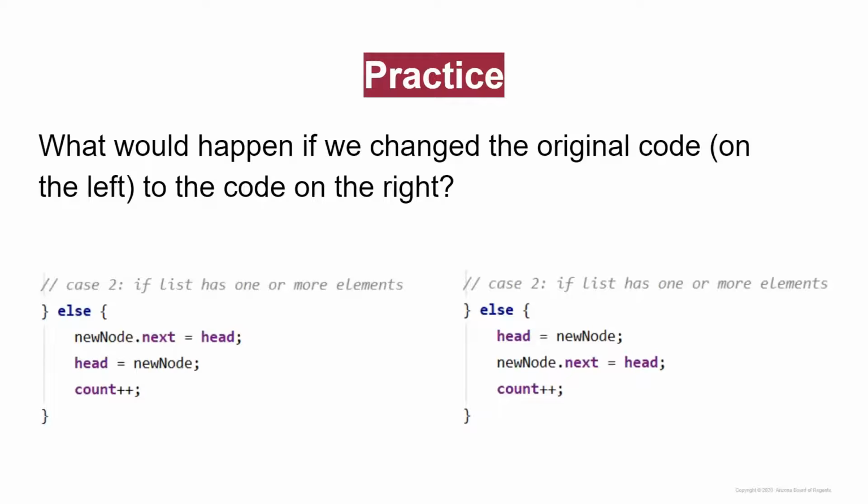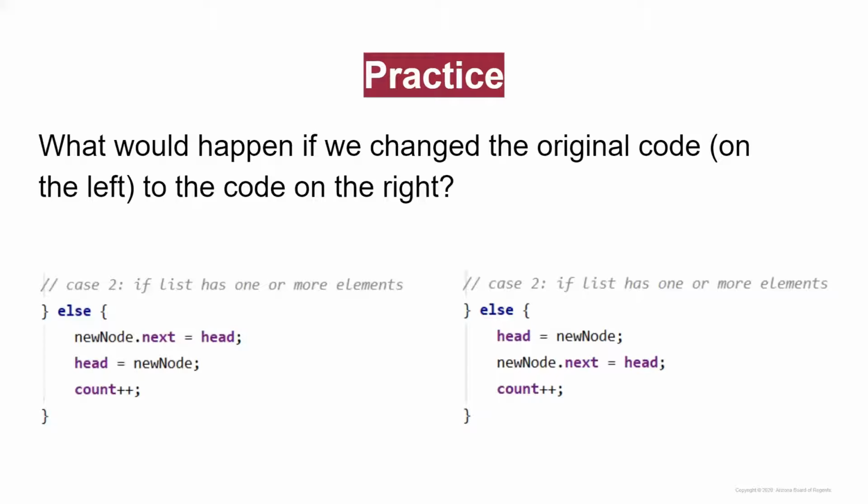So let's do some practice. What would happen if we changed the original code on the left to the code on the right? The difference here is that on the left, this is the example for case two: we say that new node.next equals head, and then head is equal to new node.